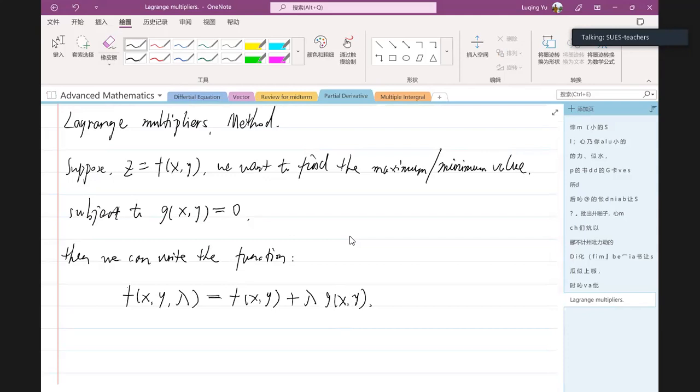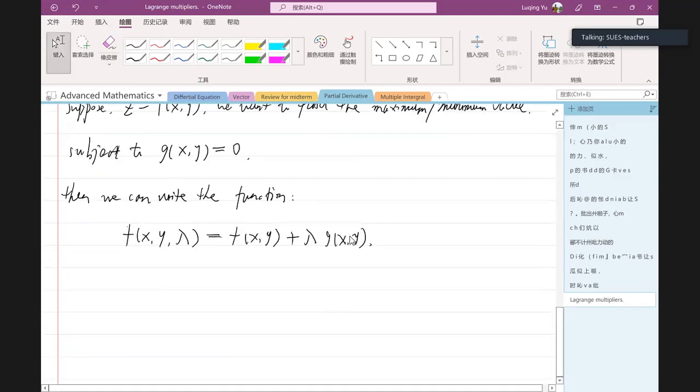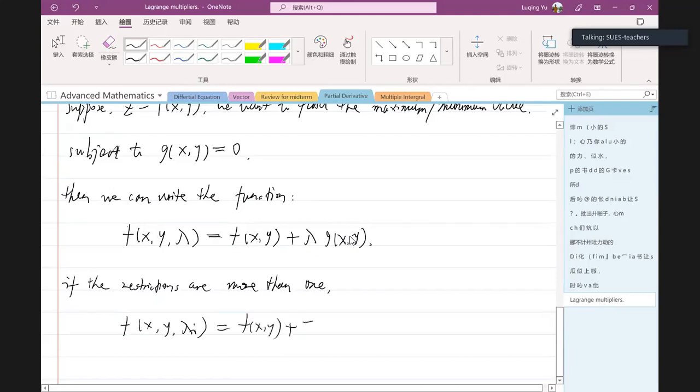For this class, we only have one restriction. If the restriction is more than one, then we can write F(x, y, lambda_i) equals f(x, y) plus the sum of lambda_i g_i(x, y).